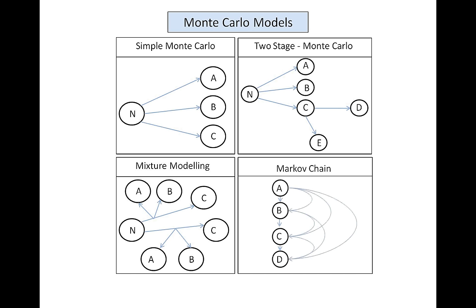In Markov chains, you could imagine a sum product, for those of you who are more into math, where each realization of the state builds on every single previous realization of the state. In this case, A not only directly impacts B, but it also impacts C and D. That is, if we're in state D right here, what happened in C, B, and A directly impacts us, and this builds up over time.